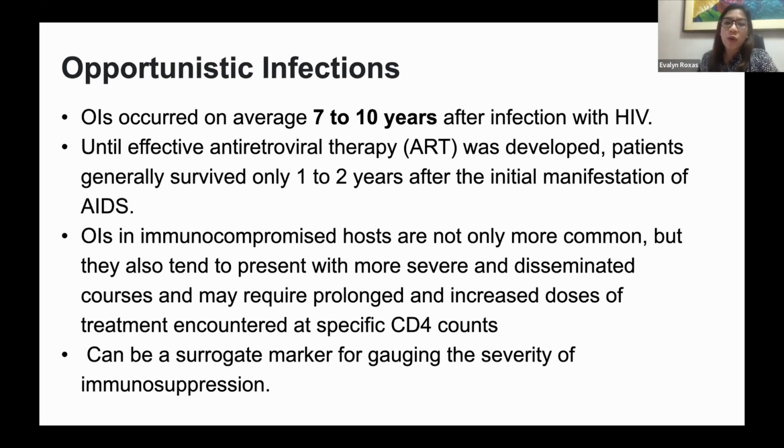Take note that OIs can be a surrogate marker for gauging the severity of immunosuppression. Of course, the more OIs the HIV patient has, the more immunosuppressed his status is.